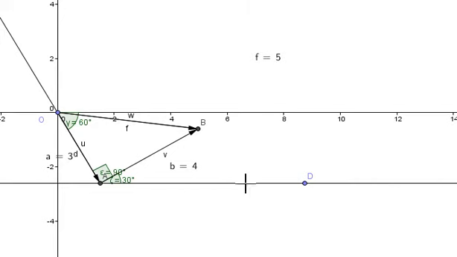So the sine law is 4 divided by sine 60 is the same as 5 divided by sine 90, and sine 90 is 1.